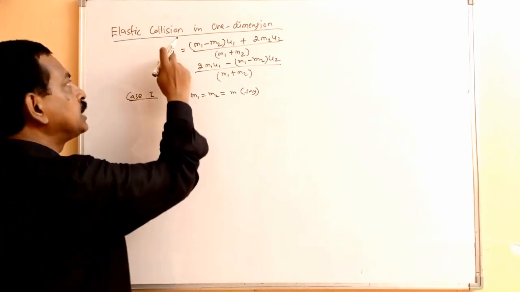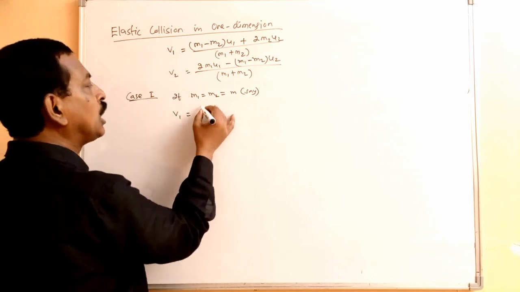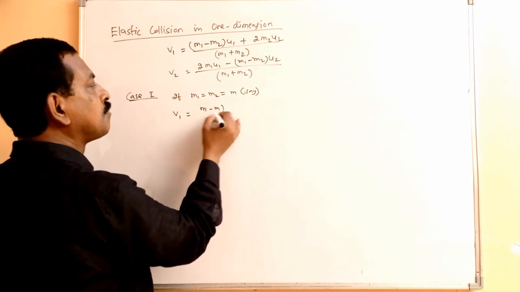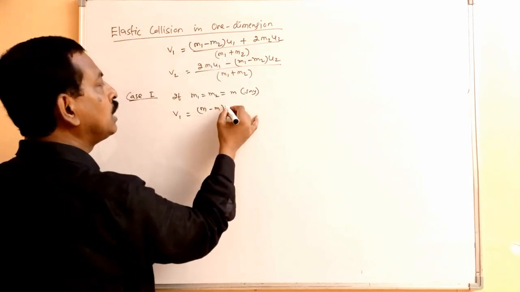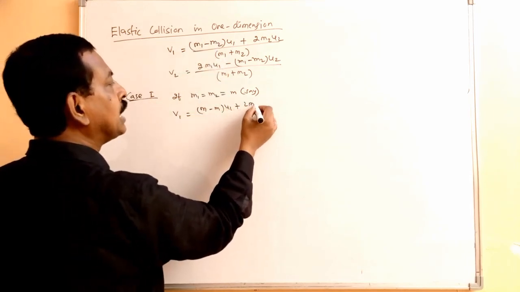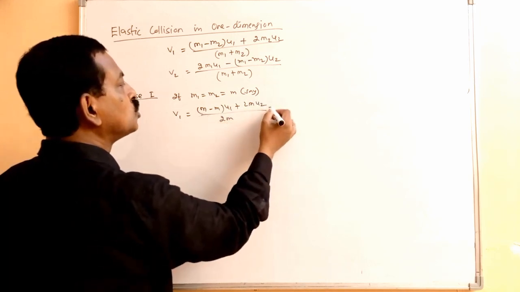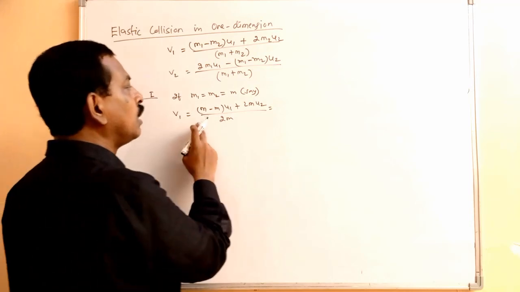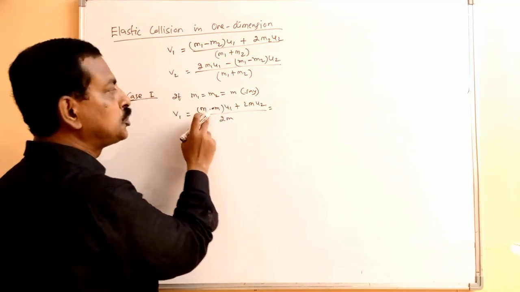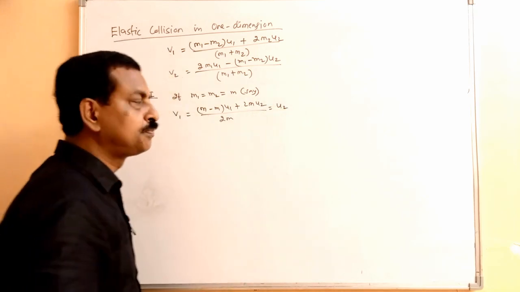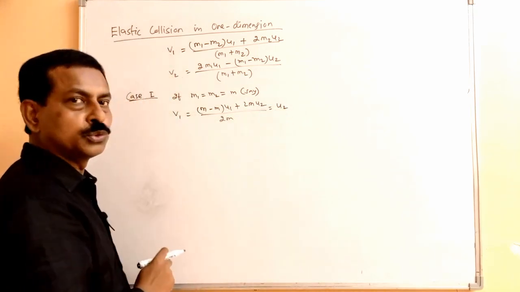Putting it in the expression, v1 will be (m minus m) u1 plus 2 m u2 divided by 2m. This term will be 0, and 2m will get cancelled, so you get u2. So v1 is equal to u2.